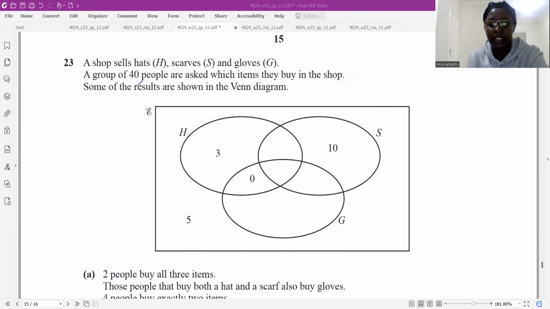Number 23 is saying a shop sells hats, H, so H is going to represent hats, and scarves, S, and gloves, G. Then 40 people here, this is very, very important. We are saying 40 people were asked which items they buy in the shop. Some of the results are already displayed on the Venn diagram for us.